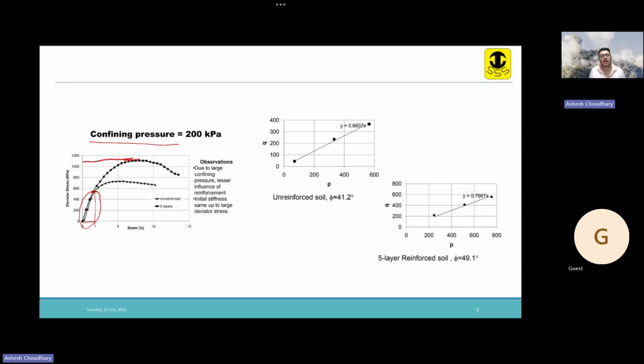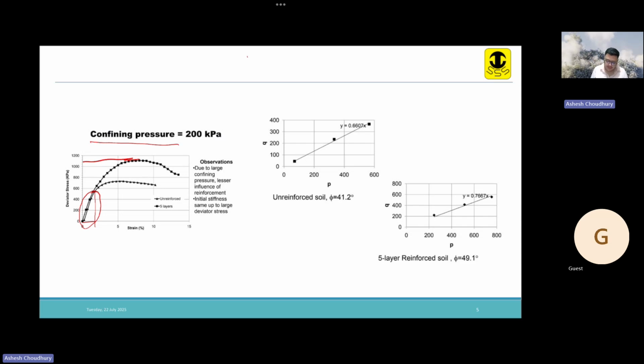This is because when the confining stress is higher, we need larger strains to develop for the reinforcement forces to get mobilized properly. Okay, so understood, right? Now these are the QP plots for unreinforced and reinforced cases.